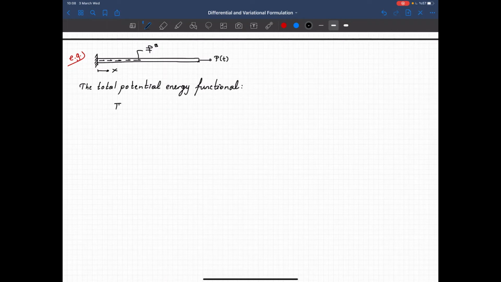So the energy is equal to the internal strain energy.